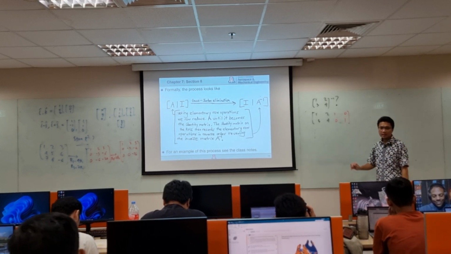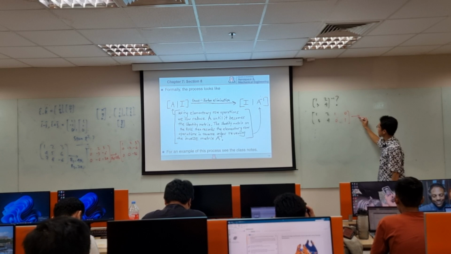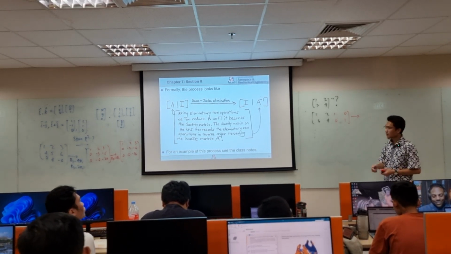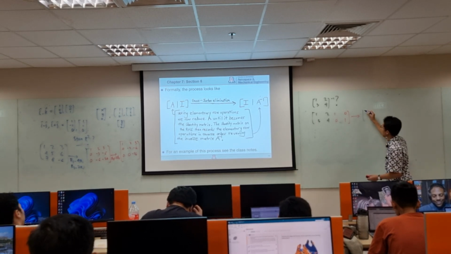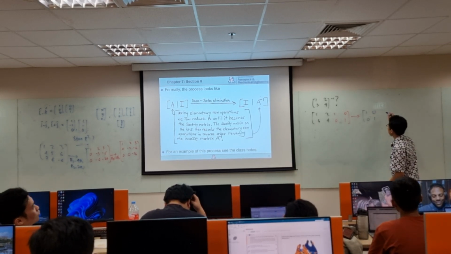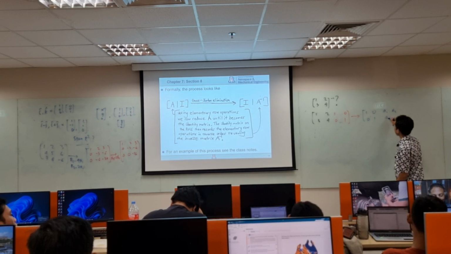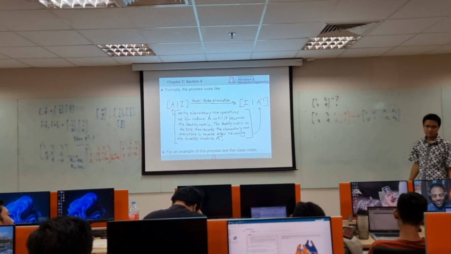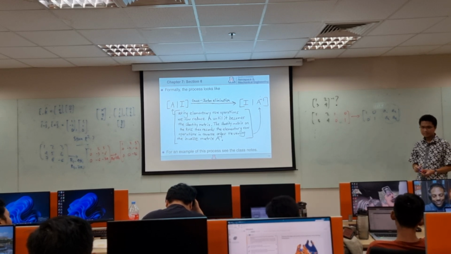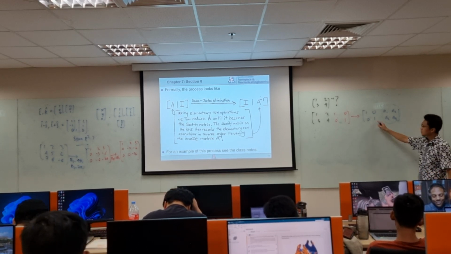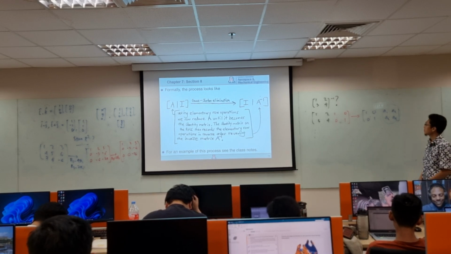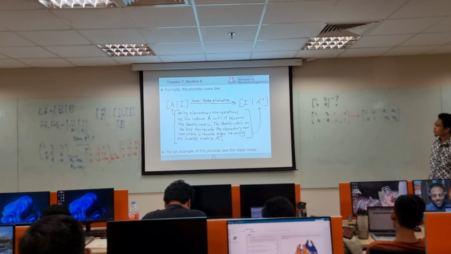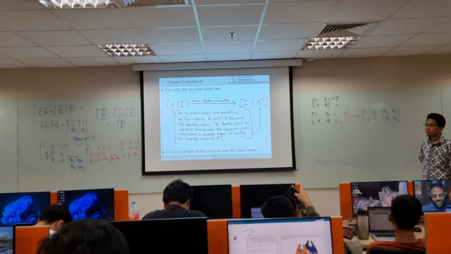Then you row reduce this whole matrix until it becomes 1, 0, 0, 1, and this is A1, A2. Then this will be your A inverse. The red one will be the A inverse.